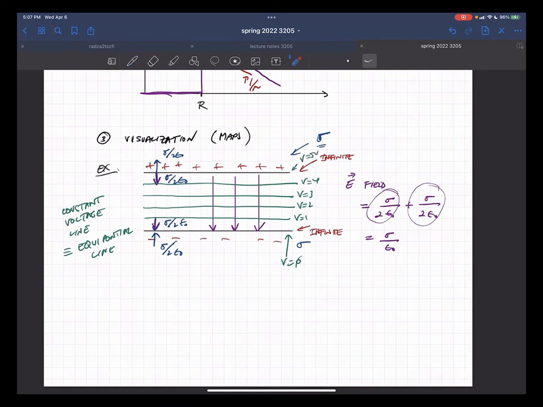So basically, if you think of this in analogy with gravity, you can think of these as stairs you're going up. If this was gravity, you'd be looking at g times h.